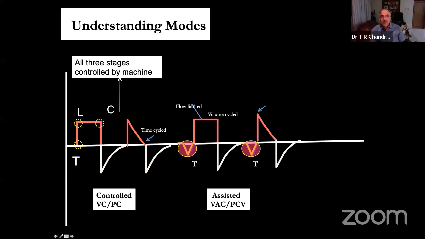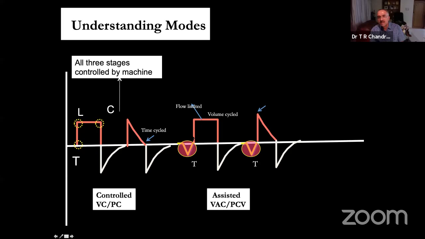So these are again volume and pressure assisted ventilation, nothing different, but one part of the cycle has been given to the patient. But my advice is, whenever you have a patient starting or trying to breathe, this mode should be changed to this mode. I will tell you how to shift and how to set the pressure in the subsequent slides.